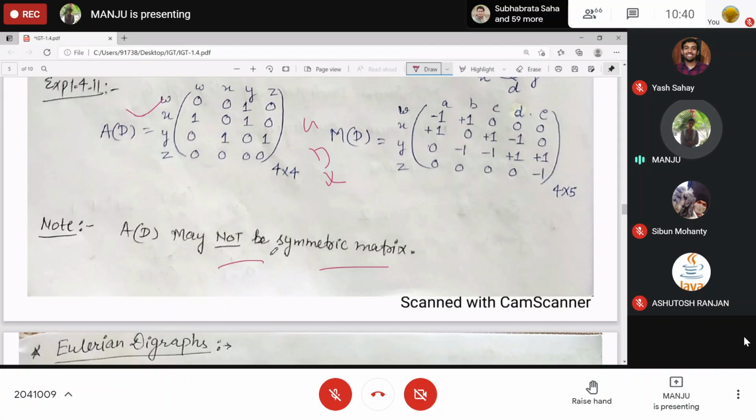Yes. Now define Eulerian circuit. A circuit which contains all edges of the graph. Good. And what about trail? Trail that contains all the edges of the graph, and we generally refer to it as an open trail. Okay.